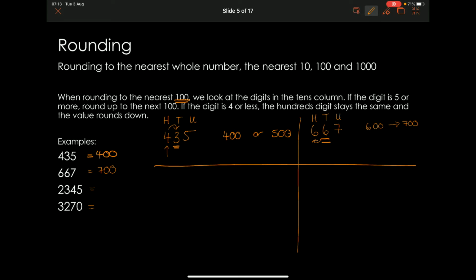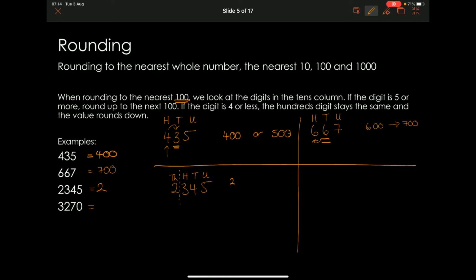Now, we've then got some digits here that have got thousands in. So 2,345, 5 units, 4 tens, 3 hundreds and 2 thousands. The 2,000 doesn't change, that stays the same, so I can put that in straight away because actually all we're doing is rounding to the nearest hundred.